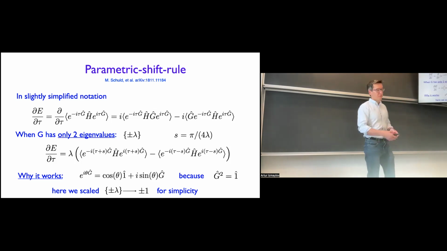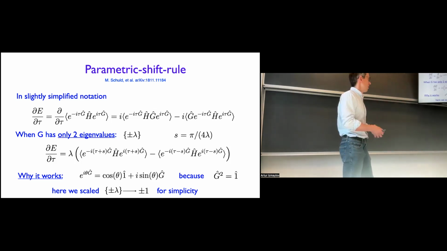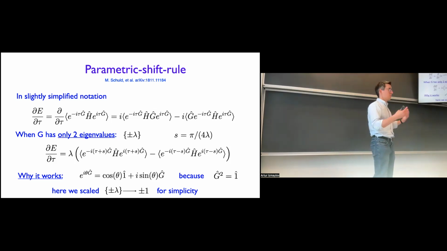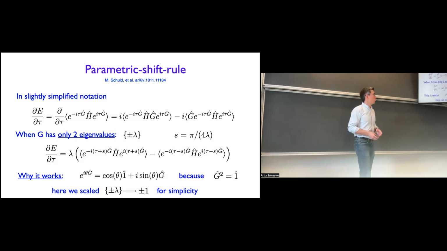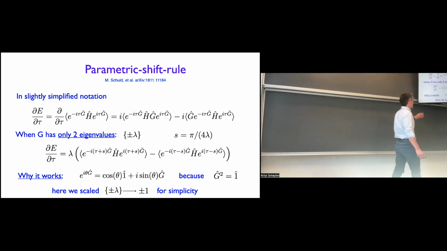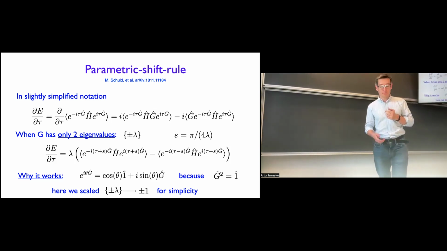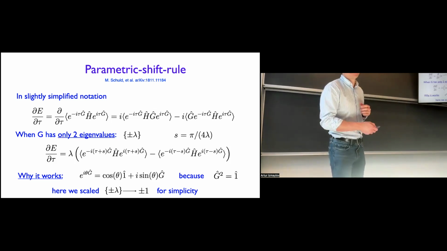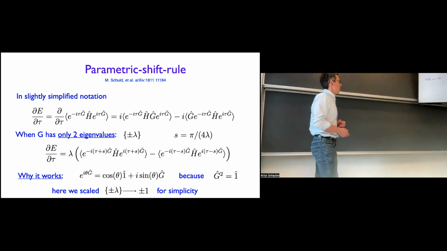So to finish that section, I wanted to discuss a little bit of possible generalizations of the parametric shift rule to more general cases where generators have more than two eigenvalues. So that's the idea of this subsection.